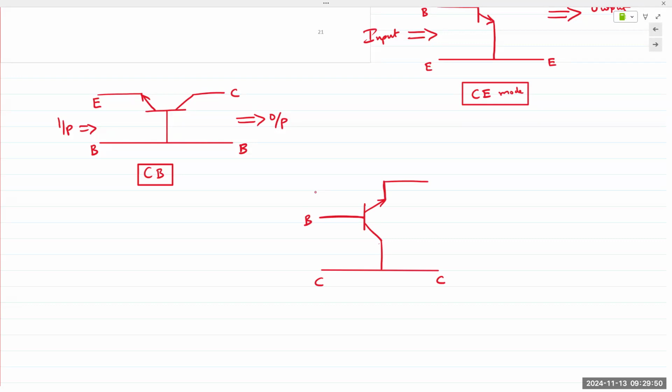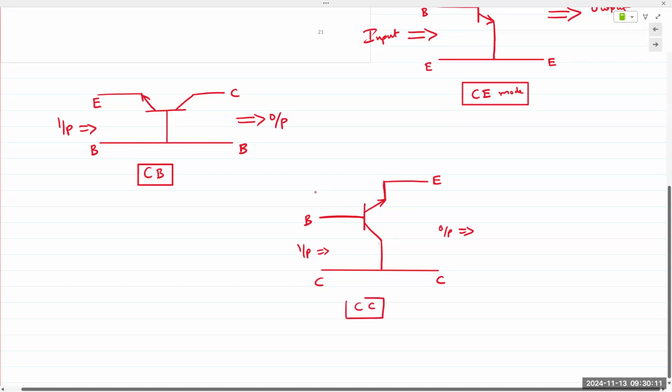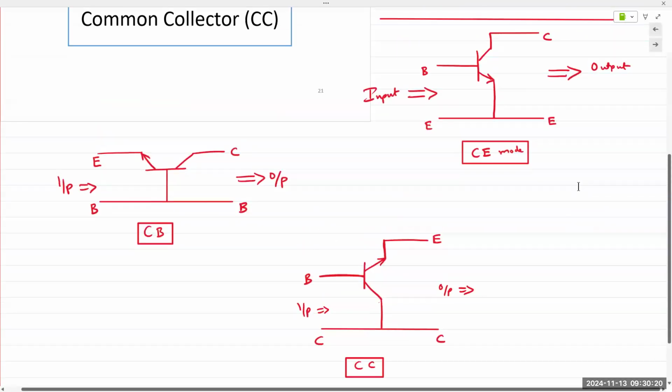Oh, actually the other way around. Well, let me just try it. It's a little bit incorrect, but I'll leave it as it is for now. And this will be the common collector. The emitter and the base will be switched.